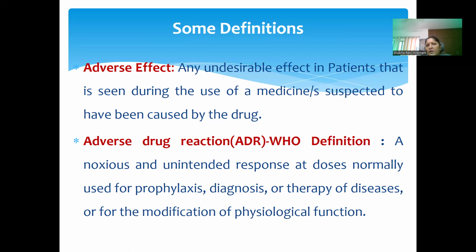Though there is no direct link between falling from the stairs and the medicine, it might have been caused by the effect the drug might have had on the CNS of the patient, which has to be looked into later. So, adverse effect is any undesirable effect that happens in patients while they are on medication, or which is suspected to have been caused by the drug.